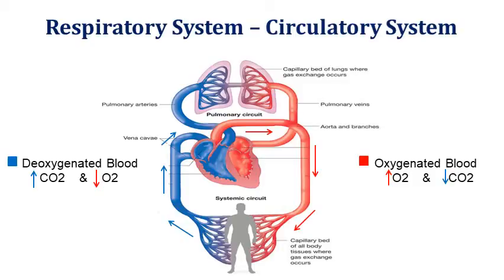Then the heart pumps this blood with the help of the pulmonary artery to the lungs for the purification of blood. At the capillary level, the blood gets purified, meaning oxygen is added to the blood and carbon dioxide is removed. Then this oxygenated or pure blood is again supplied to the heart for further journey.